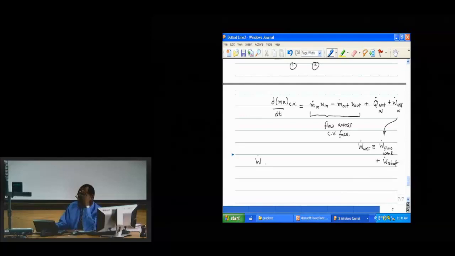It looks like a pressure times the cross-sectional area times the velocity, so we'll say V. So it looks like this quantity. Now, what we're going to do is divide by the density.